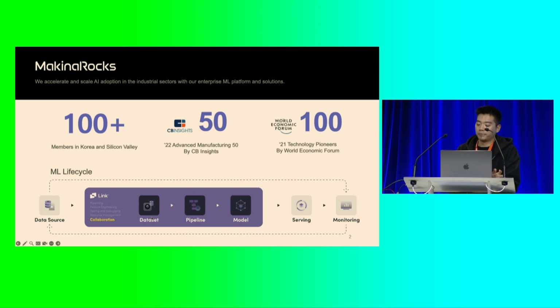The model development process, which involves pre-processing data sets and creating pipelines to build models, is a critical step from an ML perspective. We've been thinking about how we can collaborate better in this area, and this presentation is the result of that contemplation.